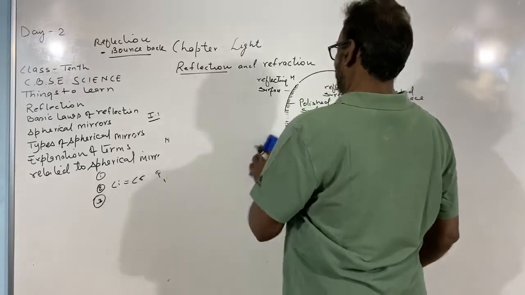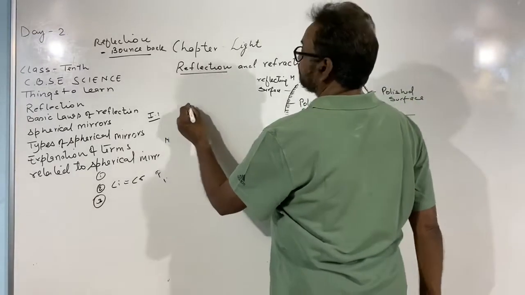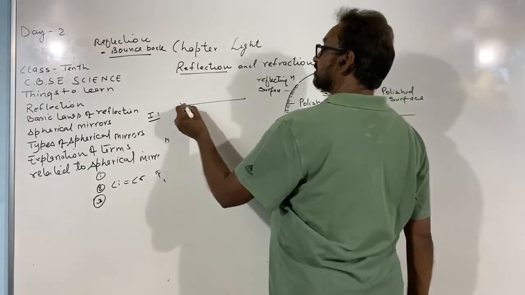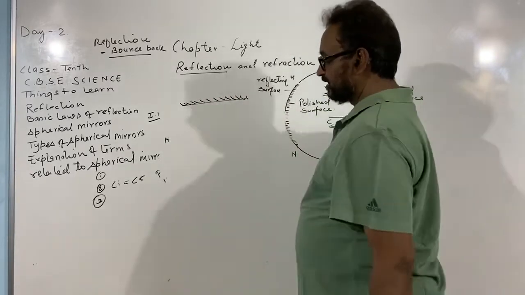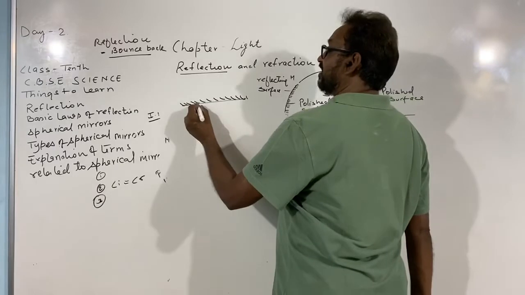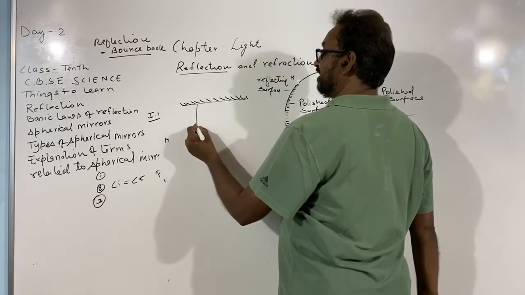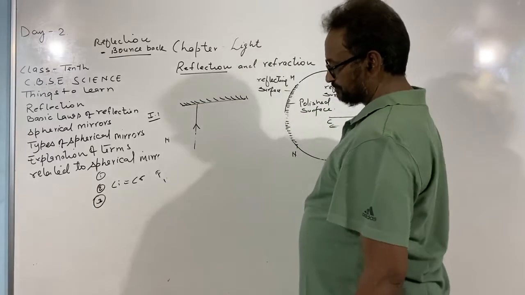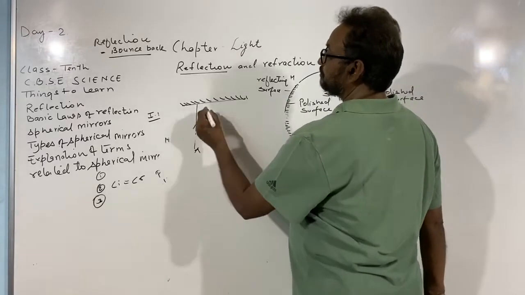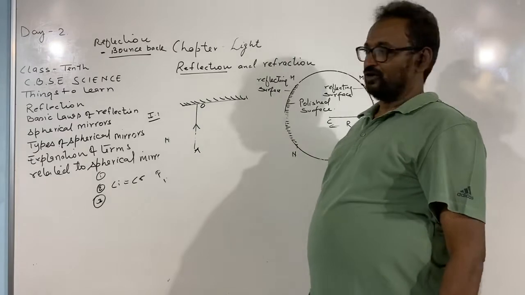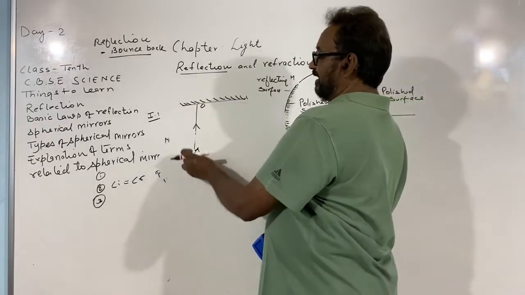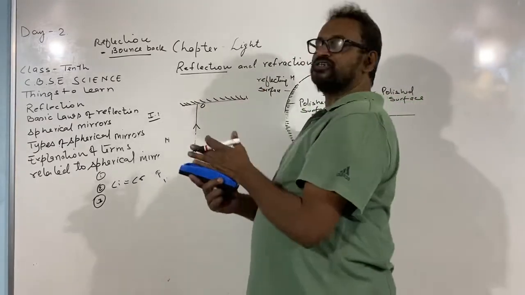Now consider one thing. Suppose a ray of light is incident normally. So AO is the incident ray. Obviously, the normal and the incident ray coincide.